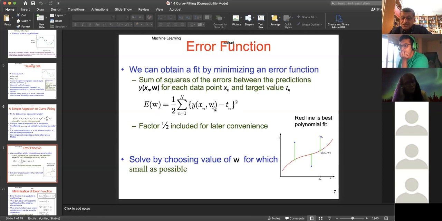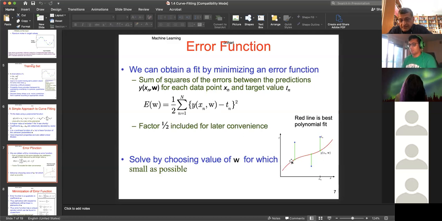We'll have to take partial derivatives with respect to all the W's. We have W0, W1, W2, W3, right? So we take partial derivatives with respect to all of them, set them all equal to 0 and solve for the W's. For the error to be minimum, the derivative has to be equal to 0. So we solve by choosing the value of W for which this is as small as possible.